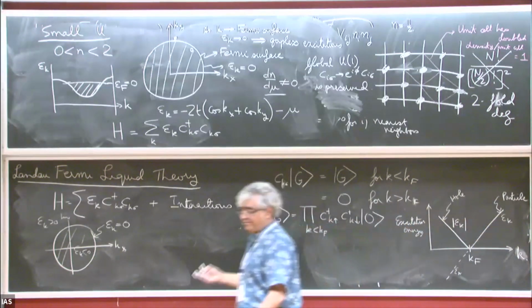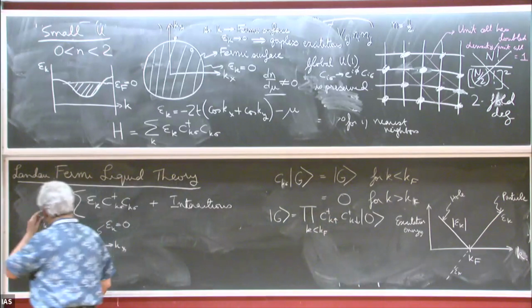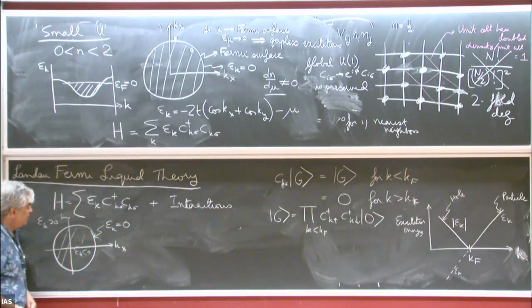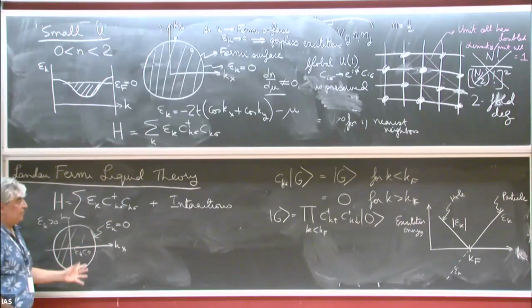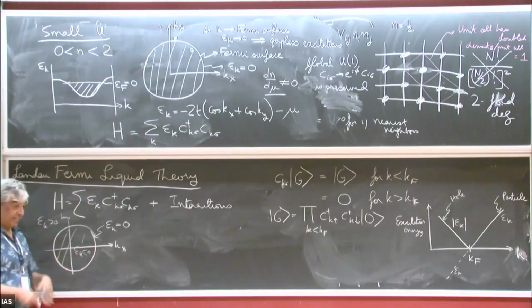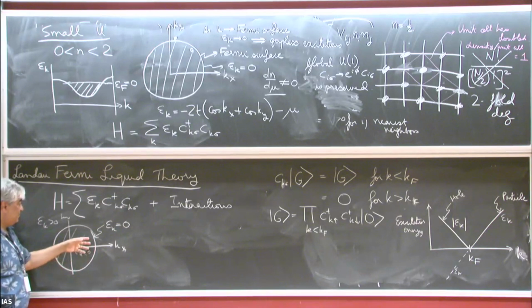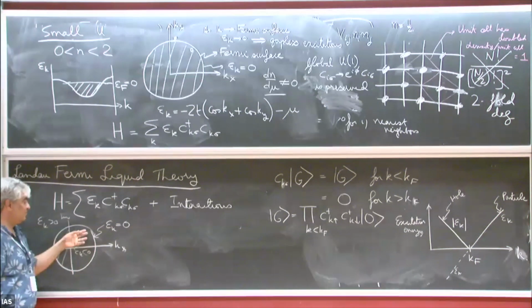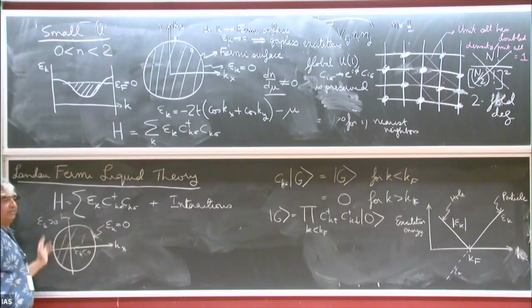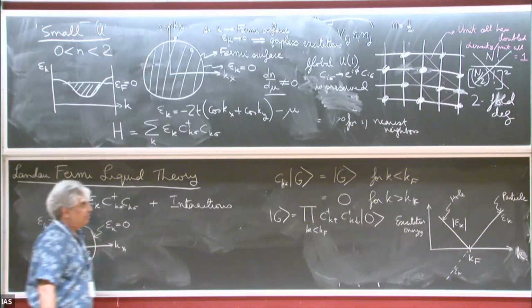So you have something very fundamental happening as I cross the Fermi surface. My elementary excitations change their charge. If these were charged particles, there are holes inside the Fermi surface and particles outside the Fermi surface.